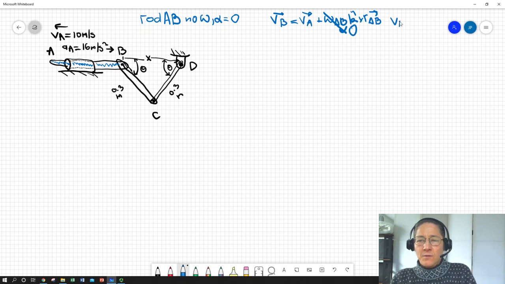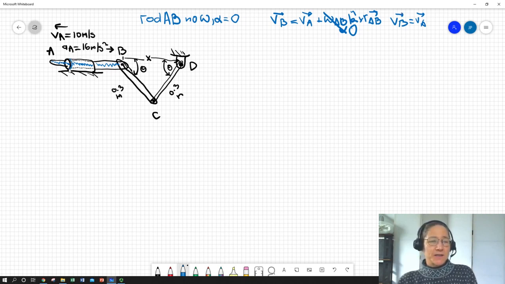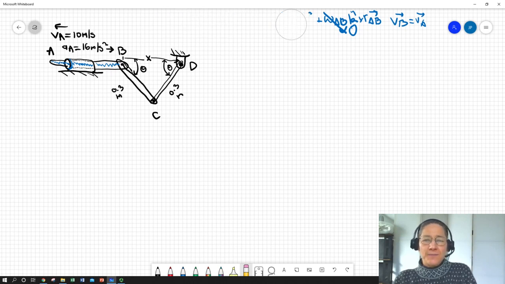So VB equals VA, and the same holds true for acceleration. That's what's happening because we have this sleeve that is basically getting rid of our angular acceleration and angular velocity. So it's straight line translational motion for rod AB.